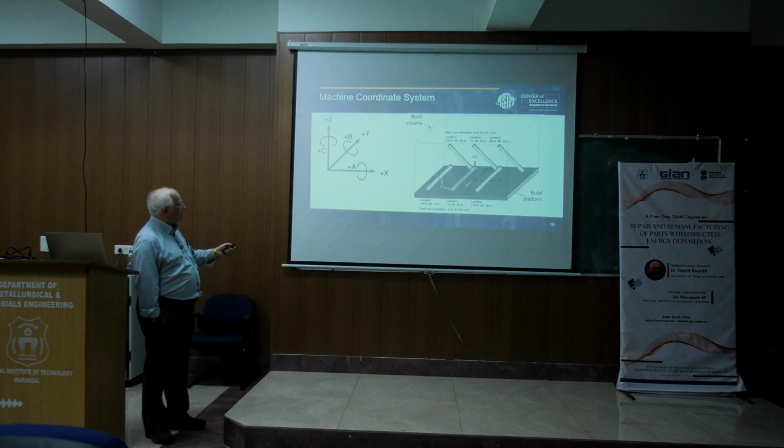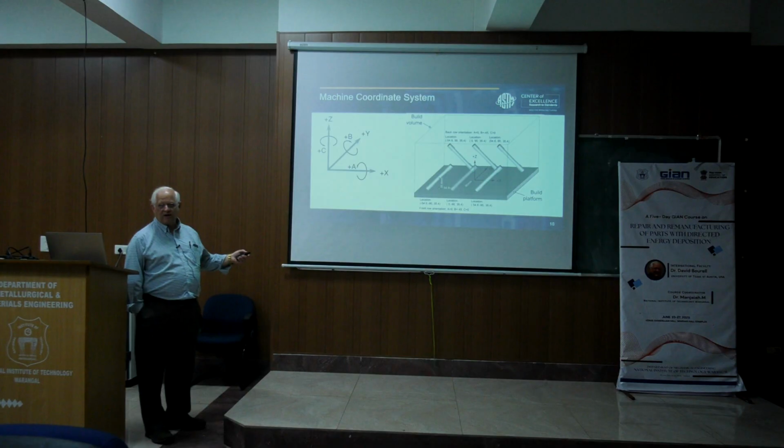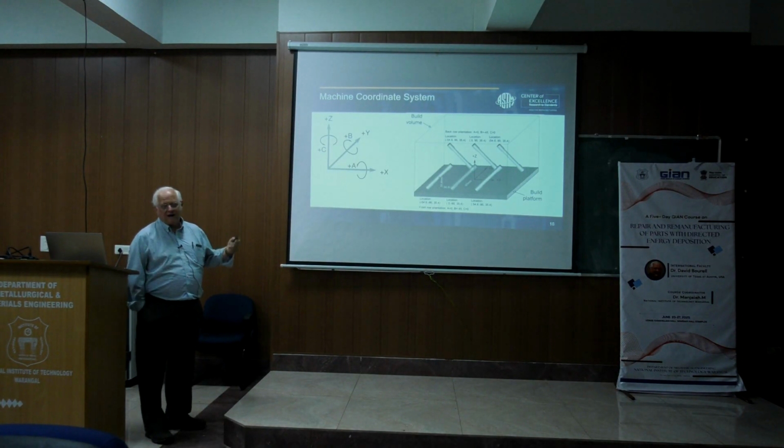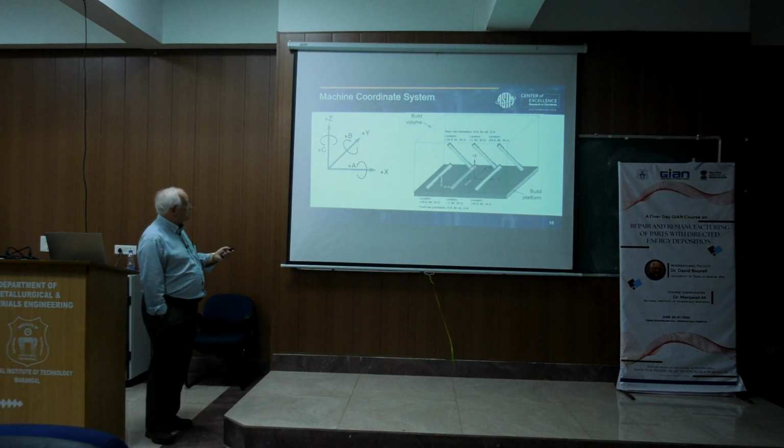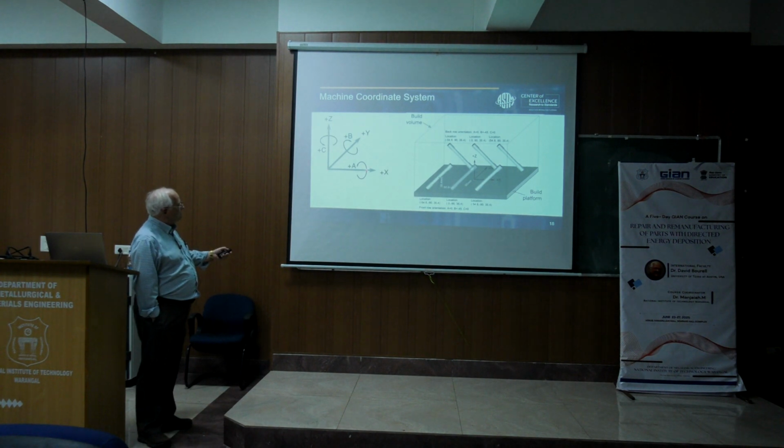In this case, we have an ABC orientation where, again, this is listed in degrees. I suppose it could be radians just as well. The positive direction of rotation is shown here.